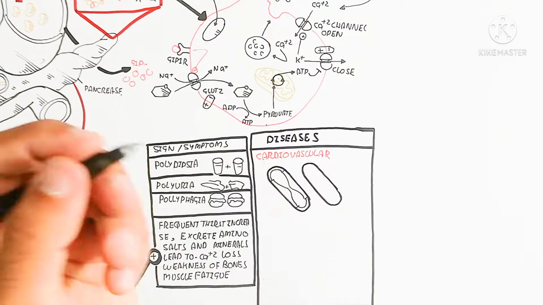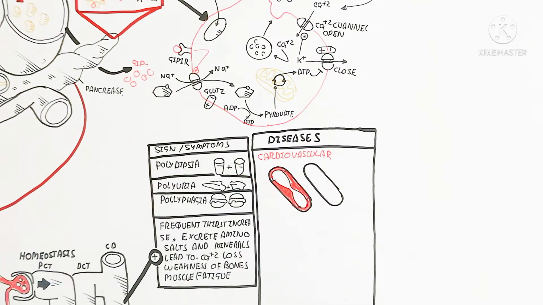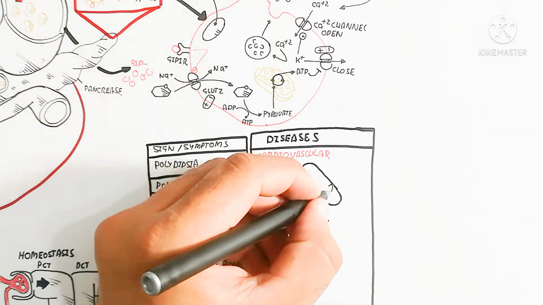So this is diabetes mellitus type 1, which leads to an autoimmune disorder, and it is basically genetic.